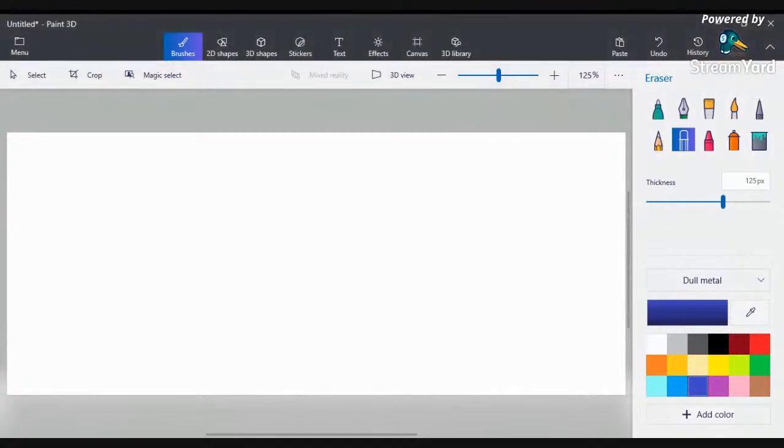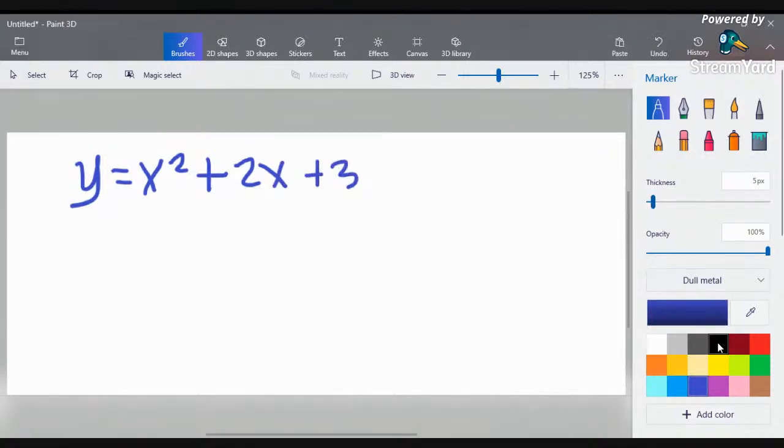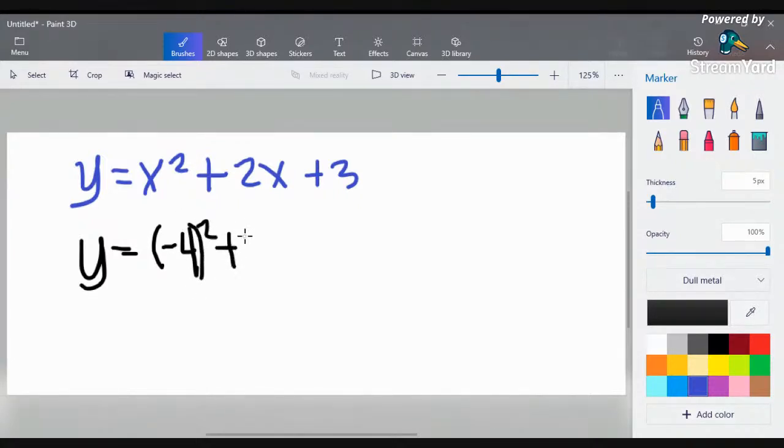First, substitute into y equals x squared plus 2x plus 3. The first quantity is -4. So, just substitute: -4 squared plus 2 times -4 plus 3.